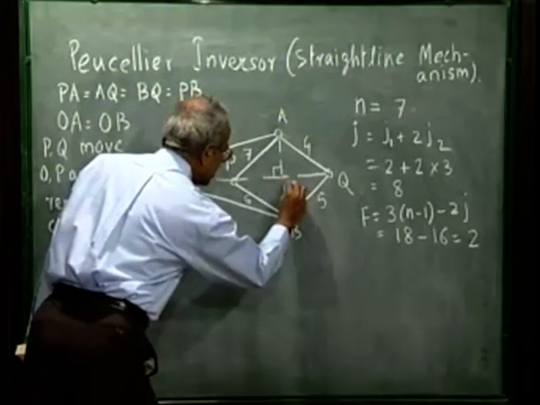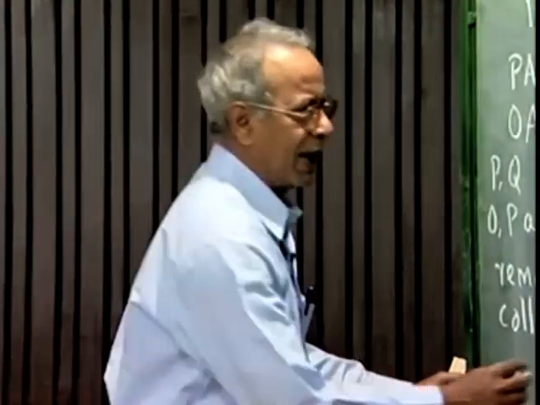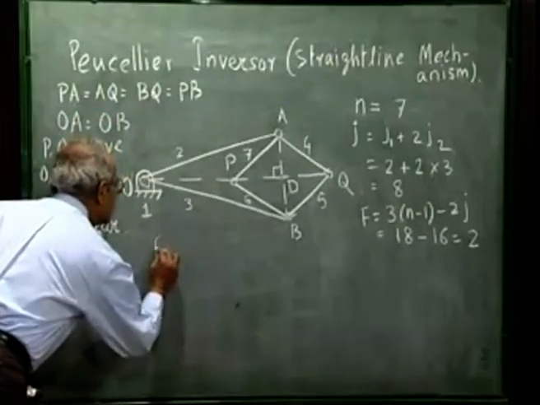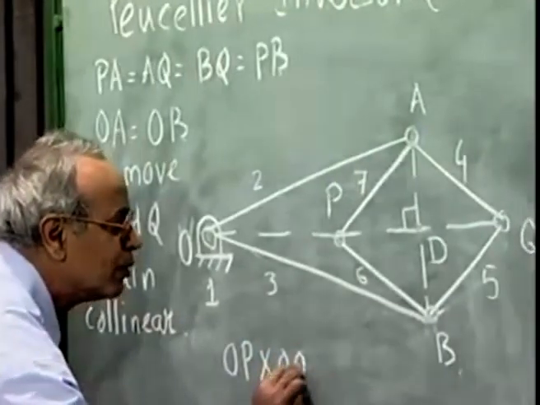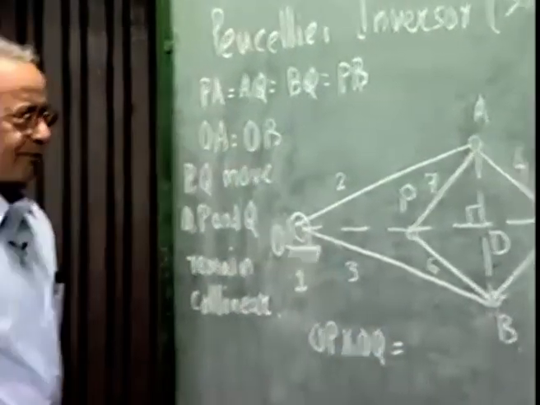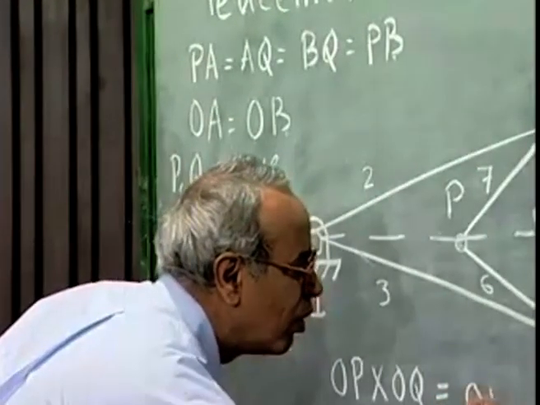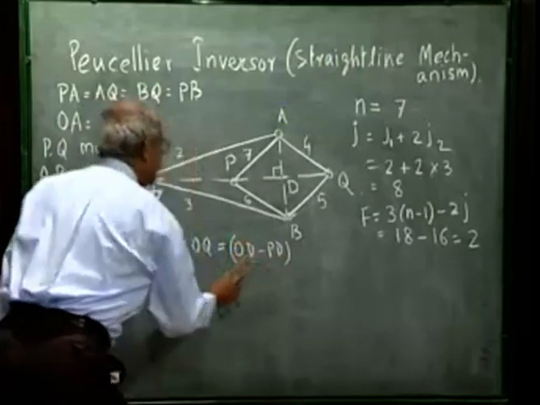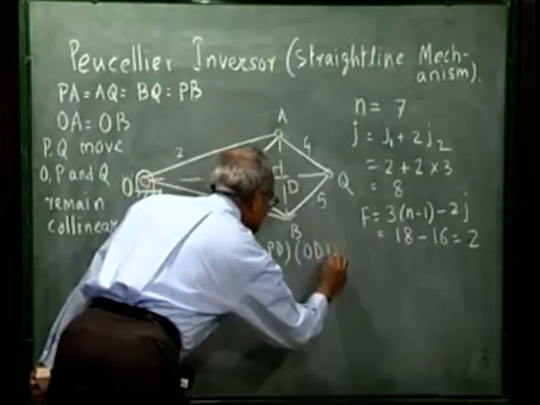Let me call this point D. So let me now try to calculate, however this figure moves, what happens to this product of these 2 distances OP into OQ. OP I can write OD minus PD, and OQ I can write OD plus DQ.